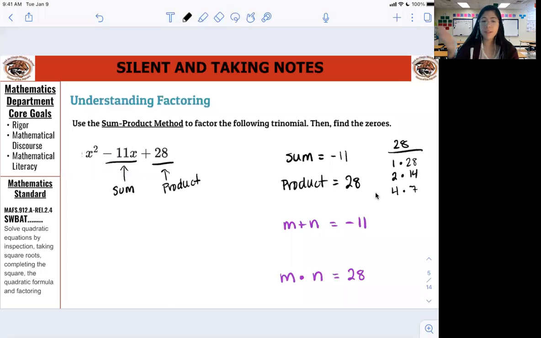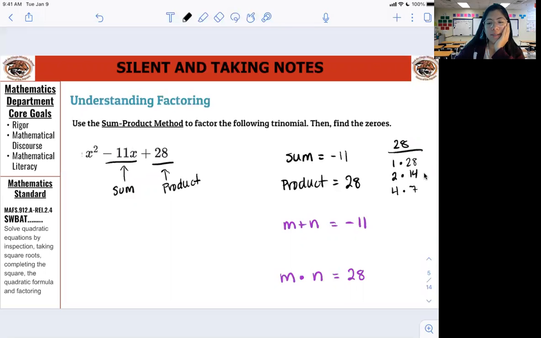We're talking about the positive and negative factors. There's one, I'll give you that. -2 plus 14, that's going to be 12.